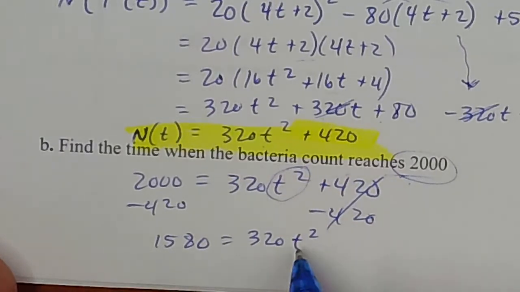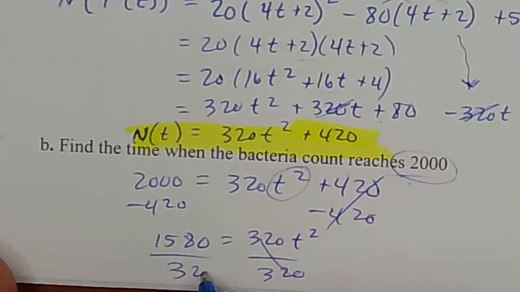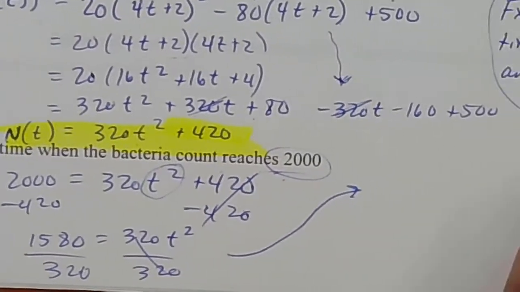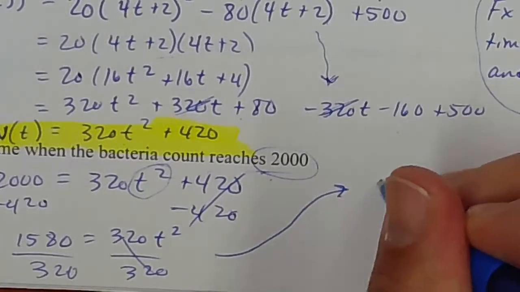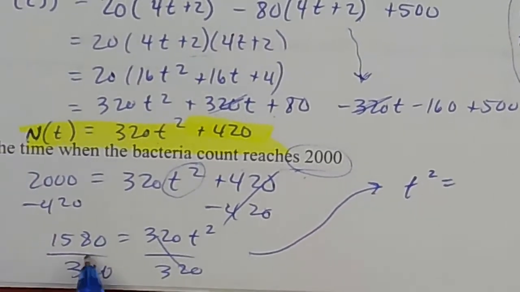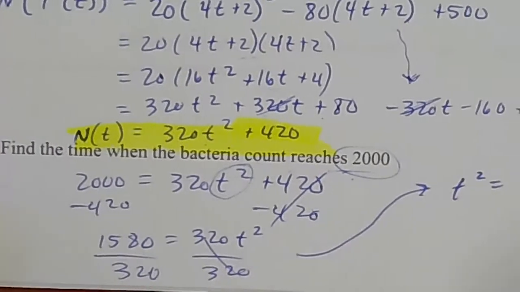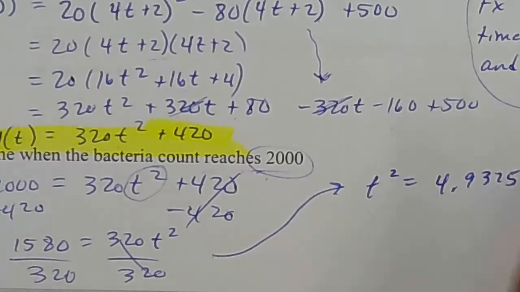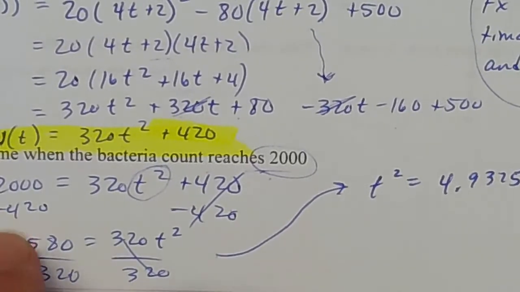One more step to isolate t squared, so divide by 320. Continue over here. So I get t squared equals, I punch this in my calculator, 4.9375. That quotient.